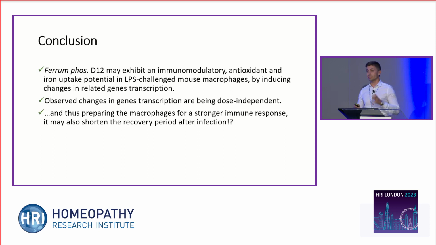Of course, the results were strongest when we talk about immunomodulation and antioxidant effect. In my opinion, we need to do more tests to clarify the specific effect on iron metabolism. Another observation that we made was that the changes in gene expression at the transcription level are dose independent.